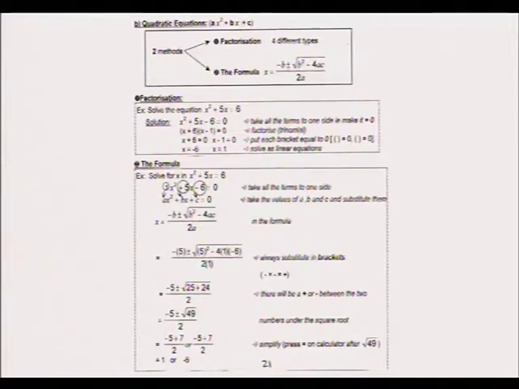The formula says x is equal to minus b plus or minus the root of b squared minus 4ac and everything divided by 2a. At the top you see where the a, b and the c are coming from.